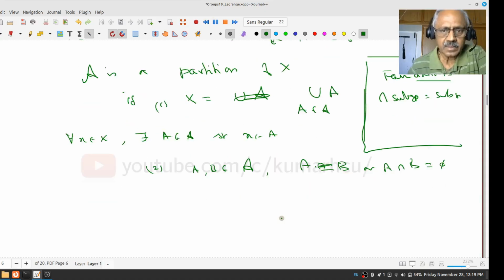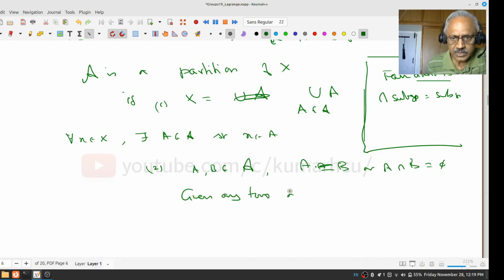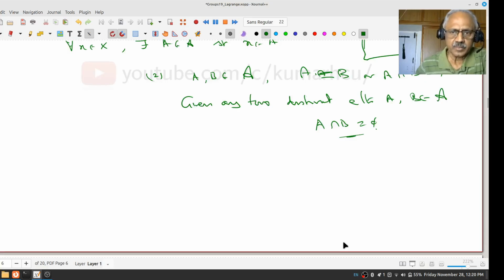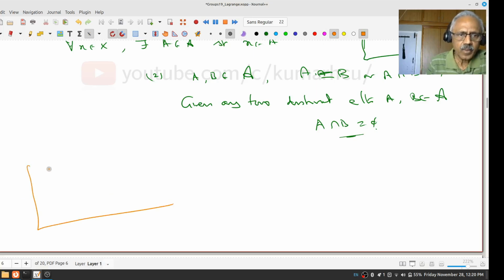That means given any two distinct elements A, B in script A, the intersection is empty. Then we call it a partition. What is the picture? The picture goes something like this. This may be my X, and this may be my partition.